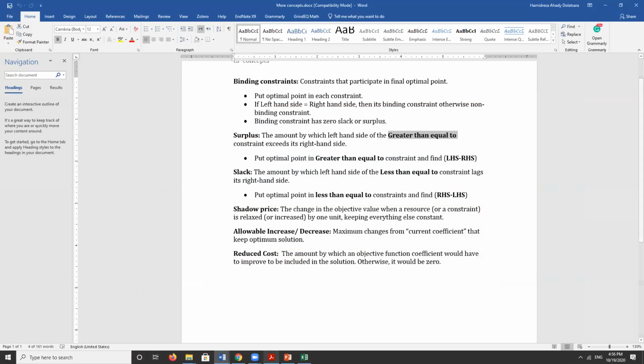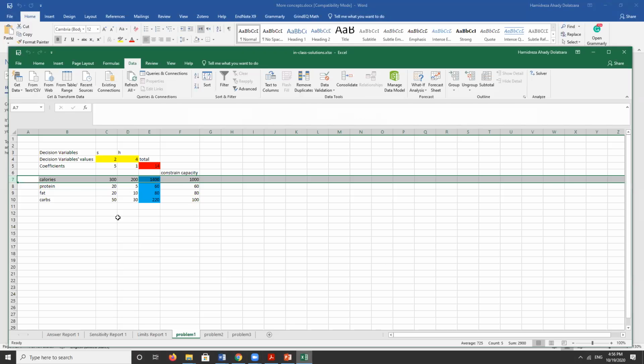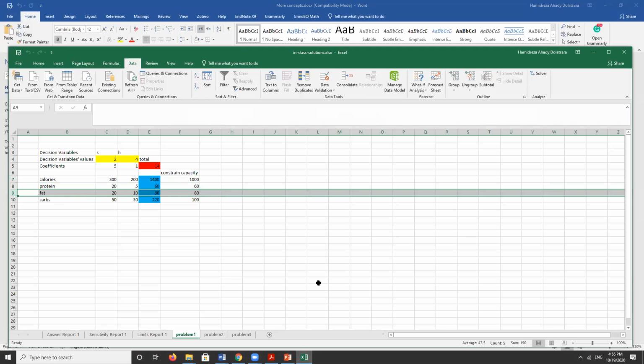Let's check fat. So first of all, is it binding or non-binding? Binding. And here I have a slack or surplus. It's 0, basically the difference is 0, but it says less or equal, so slack.